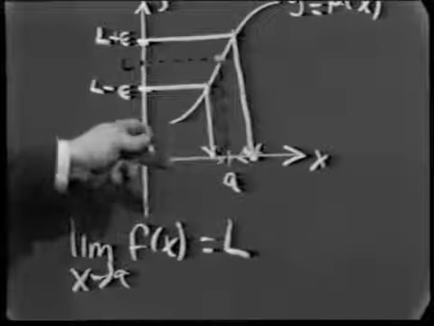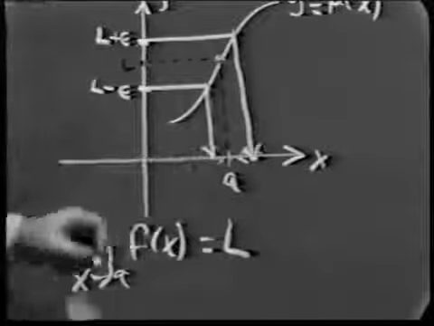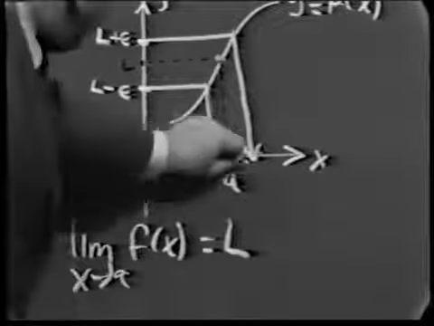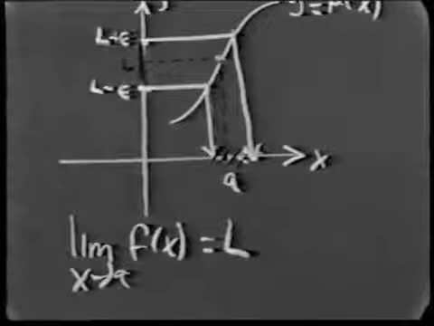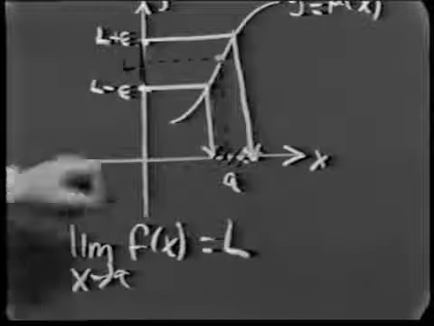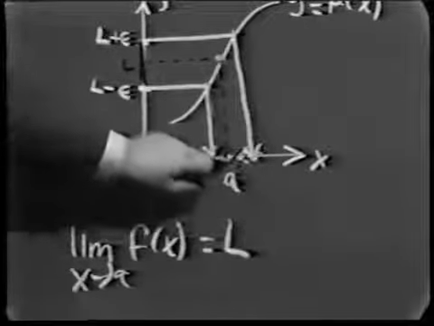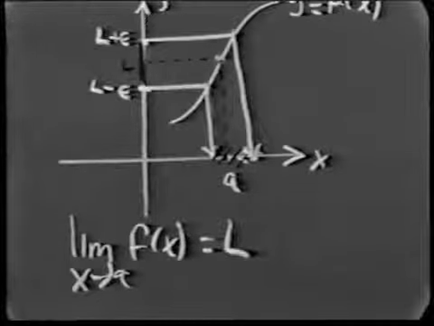And now all I'm saying, and I think this is fairly intuitively clear, is that if x is this close to a, f of x will be within these tolerance limits of L. In other words, for any value of x in here, for this neighborhood of a, every input has its output come within epsilon of L.